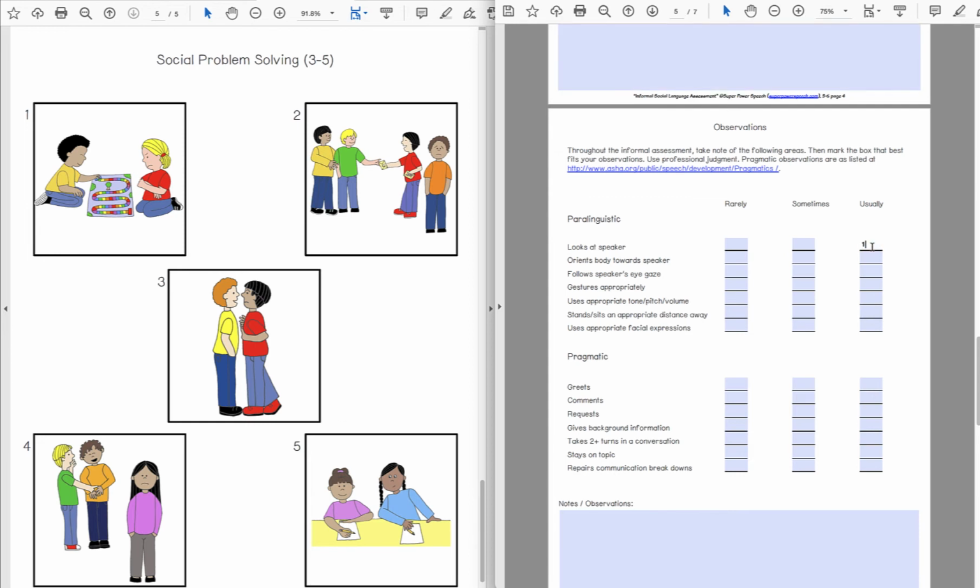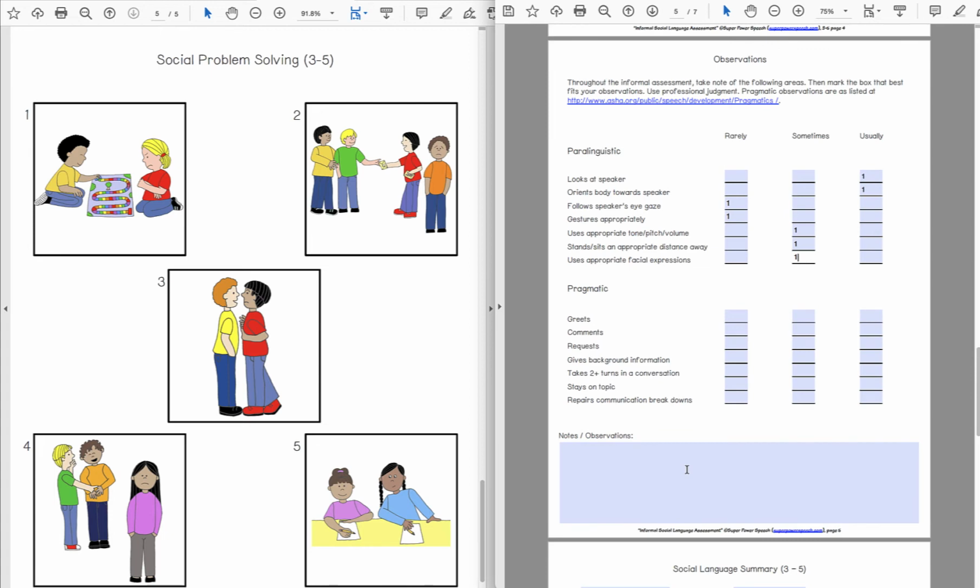So maybe usually they do that, and usually they orient their body towards the speaker, but they're like never following the speaker's eye gaze. If the speaker's looking towards the door, the listener, the student is not doing that at all. And then I go through this. There's no real scoring here. This is just observations that you can take note of later and put in your final report. Again, you can write down your observations here.